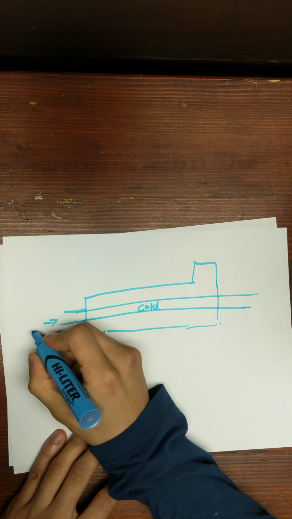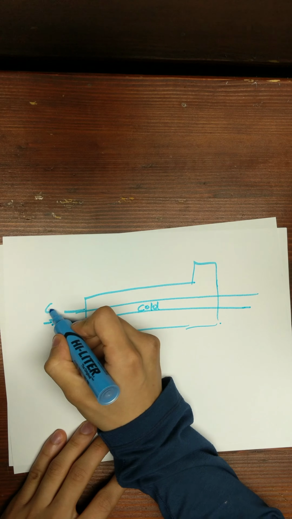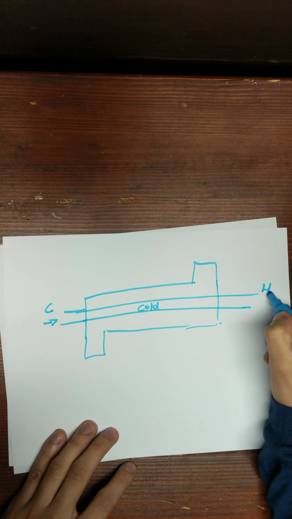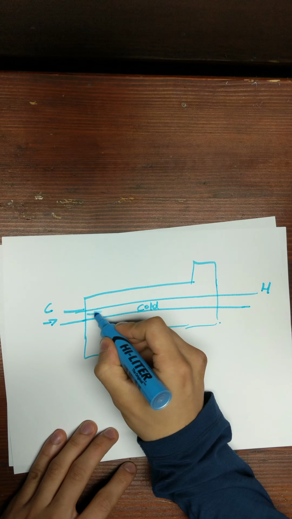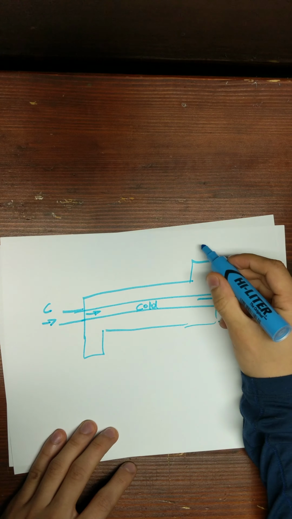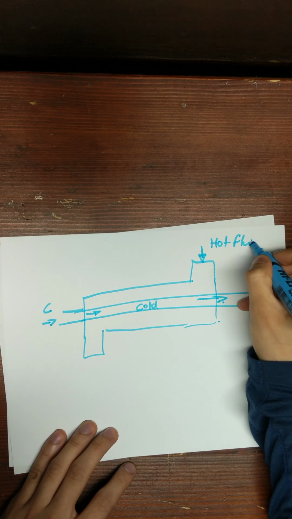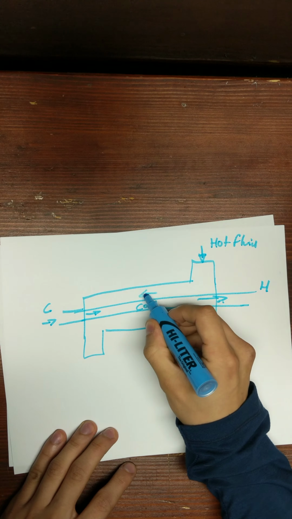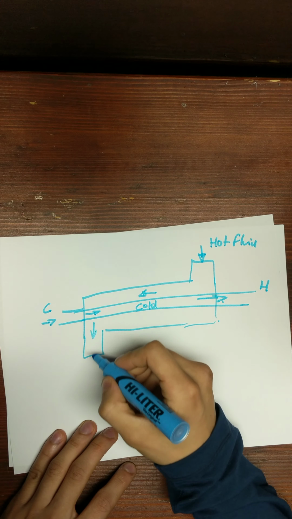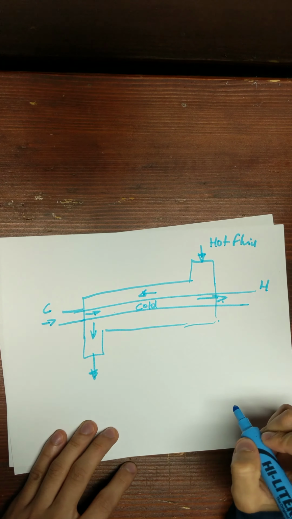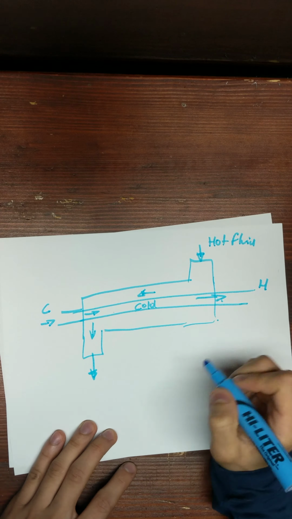The inlet would be cold and would result in a higher temperature as it flows through, because this hot fluid would flow against it, thus imparting some of its energy to the colder fluid.